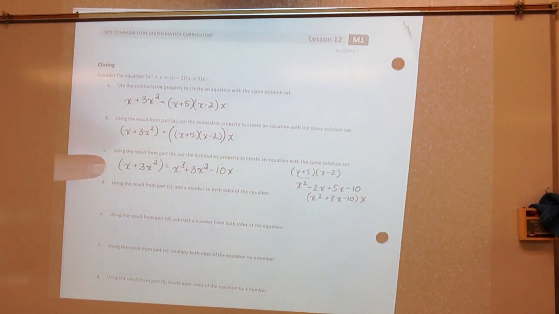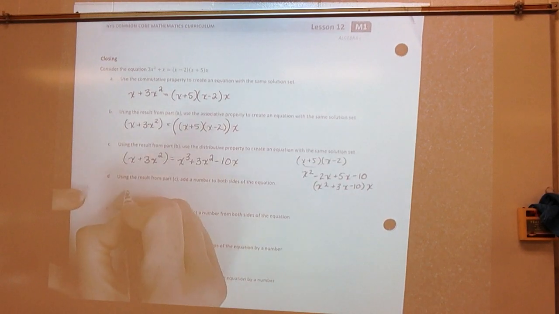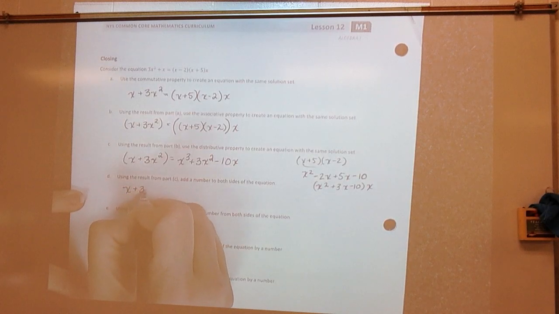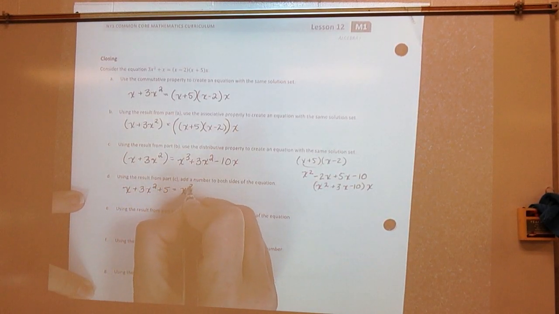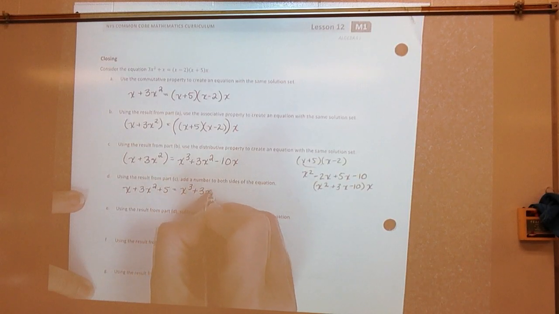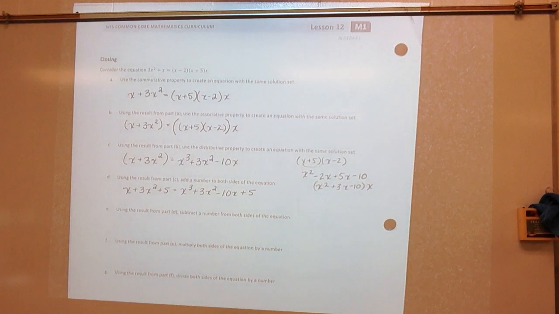Using the results from C, add a number to both sides of the equation. It does not matter what number you want to add. I'm going to add 5. So I get x plus 3x squared plus 5 is equal to x cubed plus 3x squared minus 10x plus 5. Using the results from part D, subtract a number from both sides of the equation.